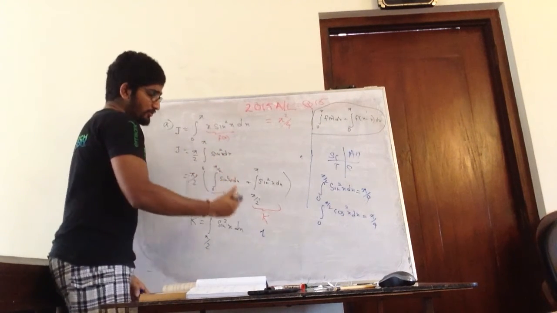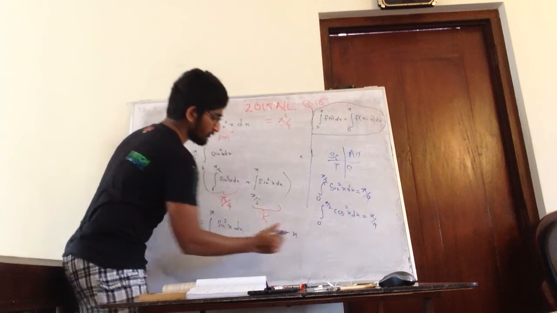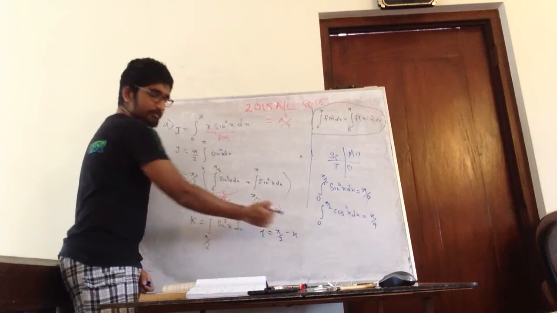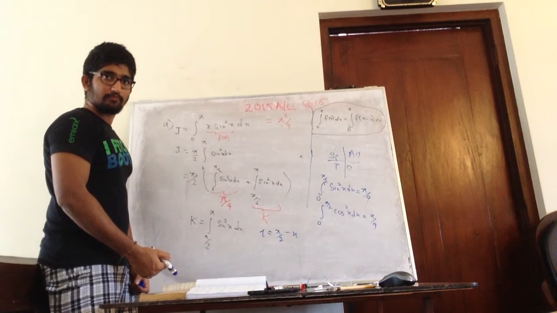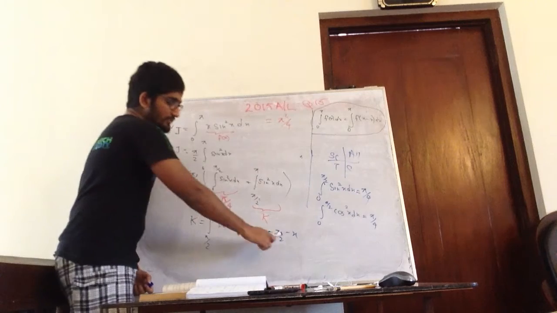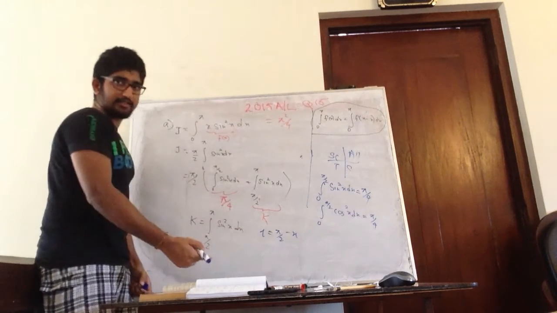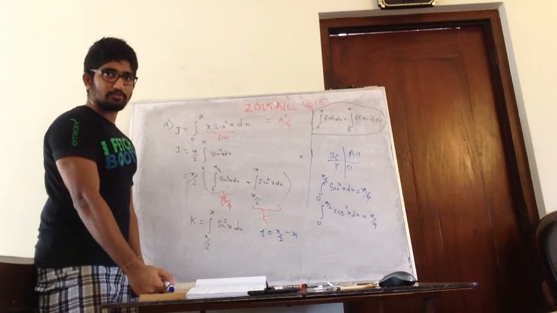So the substitution will be 5 over 2 minus x, because when x goes to 5 over 2, L becomes 0. But if you take this, it will become minus pi over 2.